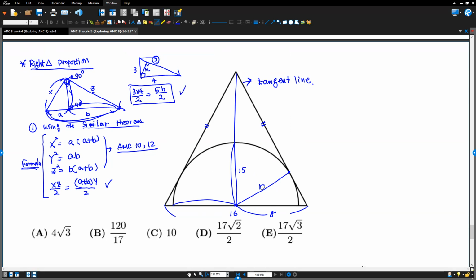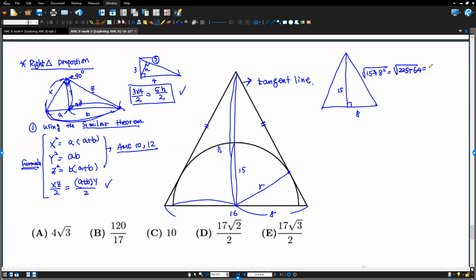This is an 8 and this is a 15. Using the Pythagorean theorem, how much is this? 15 squared plus 8 squared. Is it okay? What is that? 225, and 8 squared is 64.